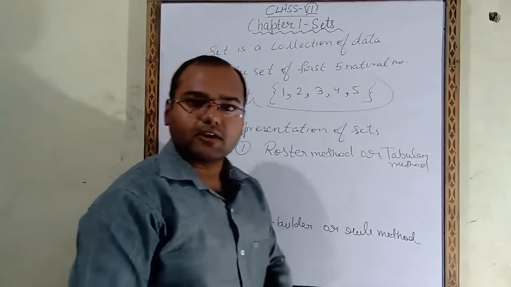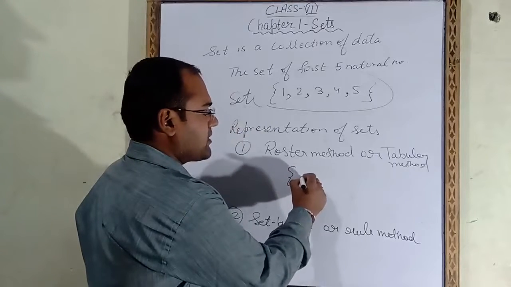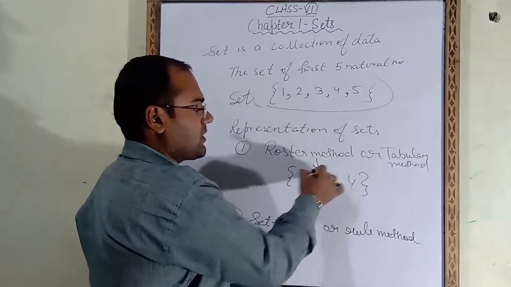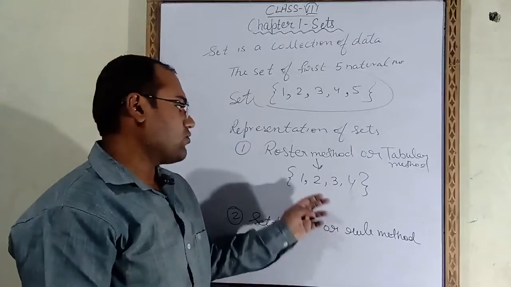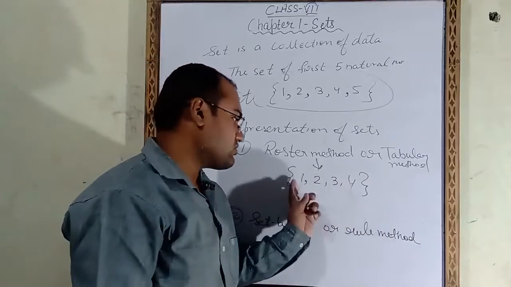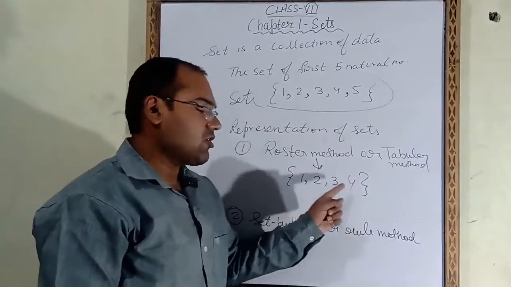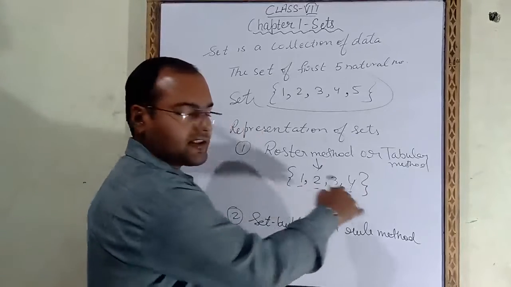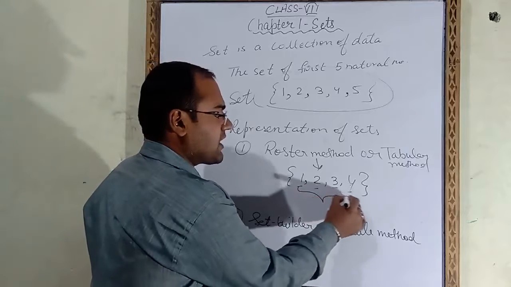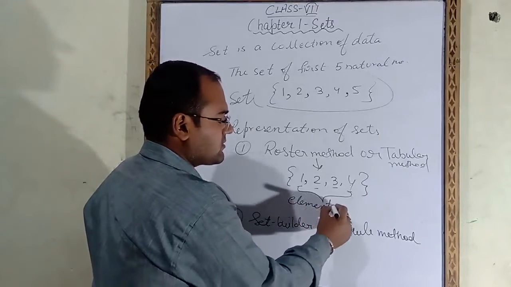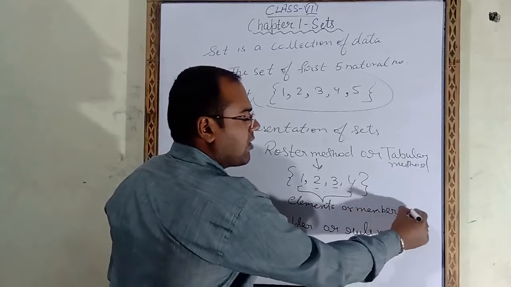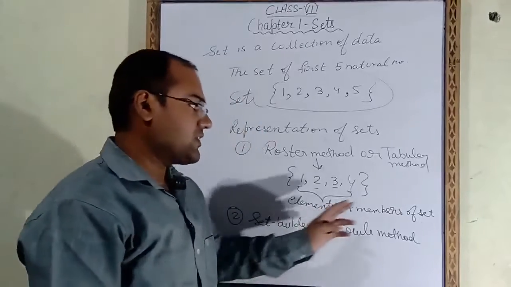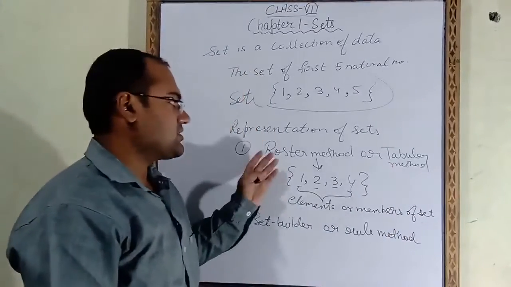So the first method: what is the roster method? If we are representing numbers in braces as we have shown here, such representation is called the roster method or tabular method.